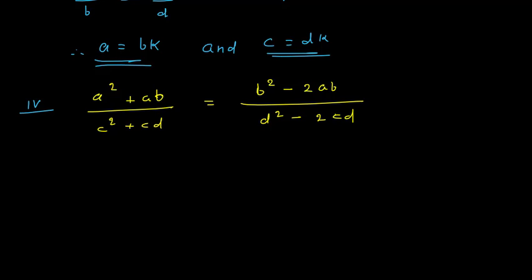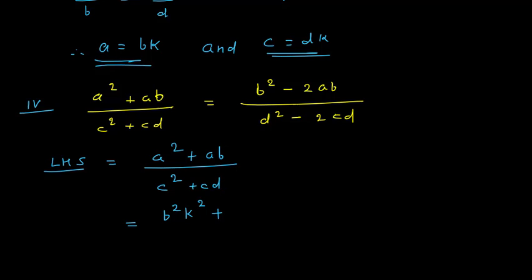So let us try with LHS, the left hand side. It is equal to (A square plus AB) upon (C square plus CD). In place of A I will write BK, so it will become B square K square, plus B square into K. Denominator: C square is D square K square, plus here it will become D square into K, since in place of C you are writing DK, so DK into D is D square, right?